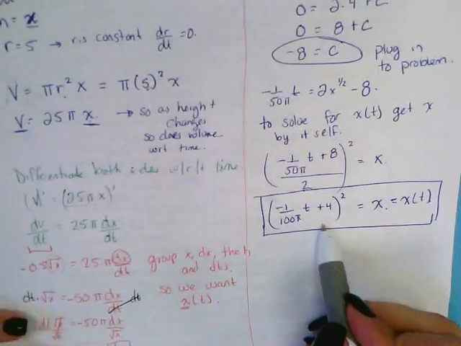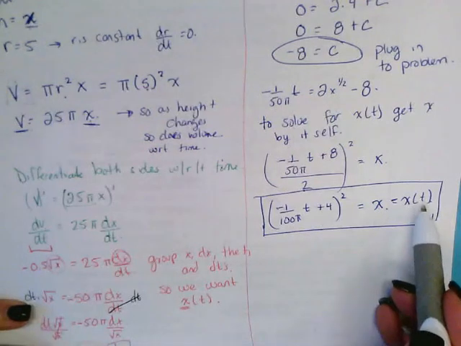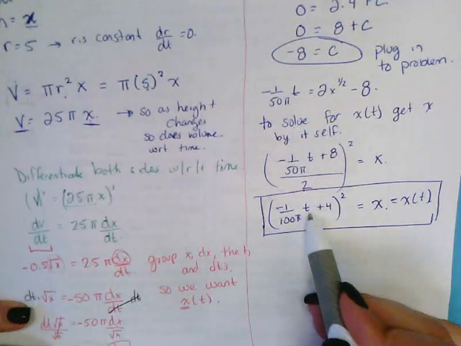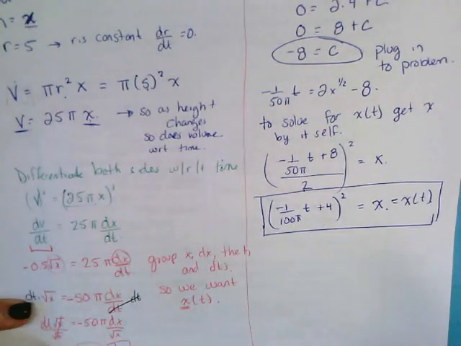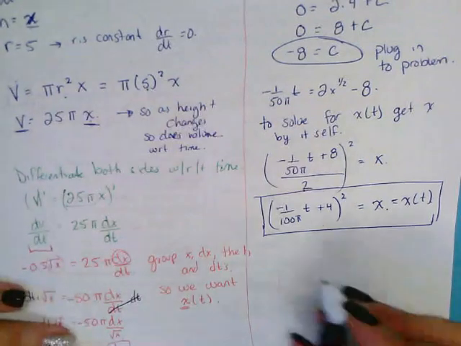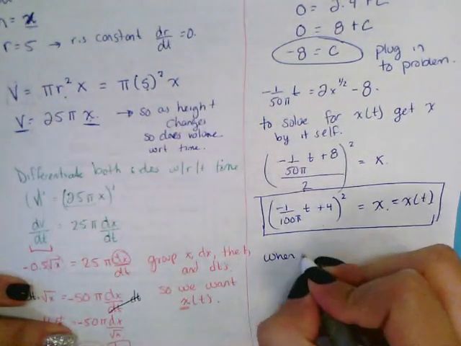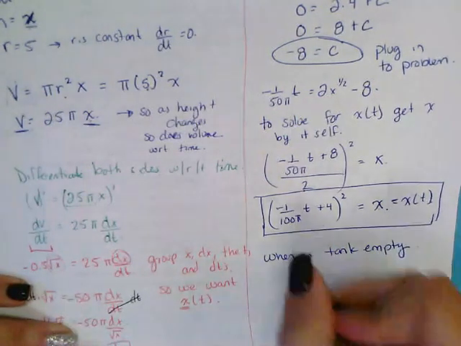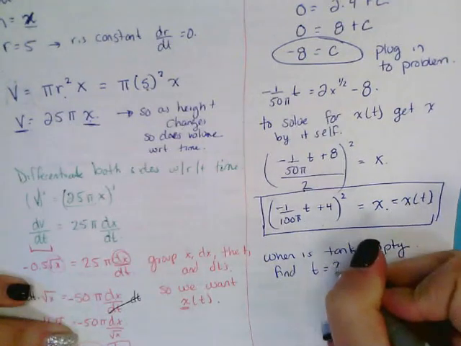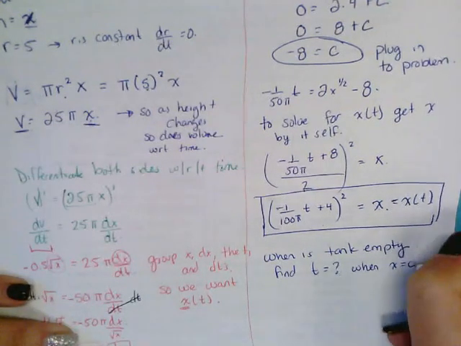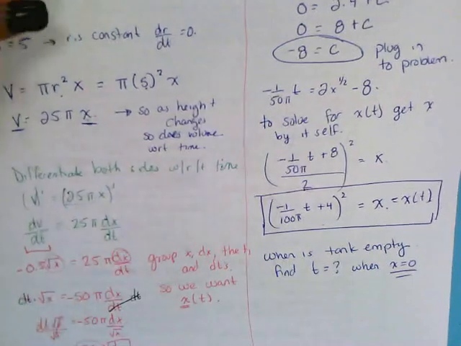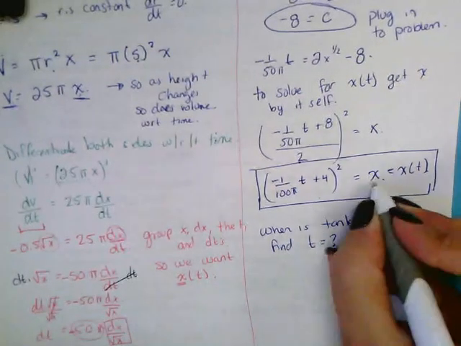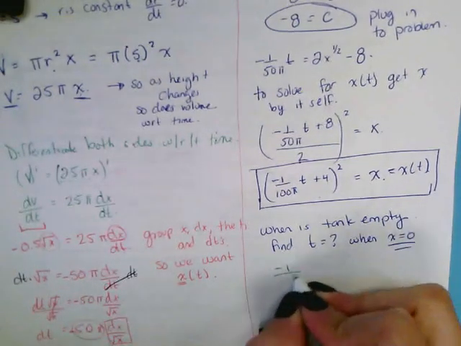If I wanted to figure out the depth of the water after 5 seconds of letting water run out, or 5 minutes, sorry, I just plug in 5 minutes and I figure out where my depth is. Now the last thing it said, when is the tank empty? So find t when x is 0, when the tank is empty, when the height is 0. So you can use this equation, and you're solving for t here, except x is going to be 0.